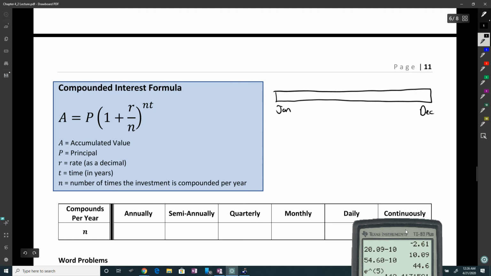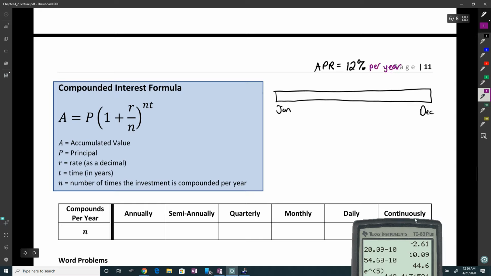And let's say you buy a car, and I really don't know what the interest rates are for cars. But anyway, let's say they tell you that the APR is 12% interest per year.